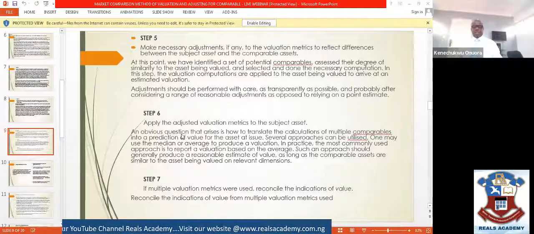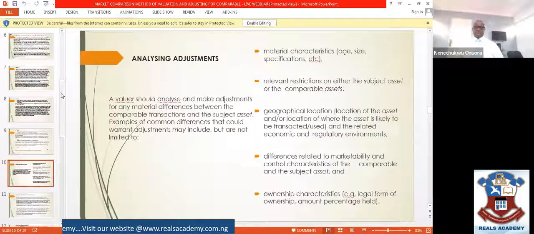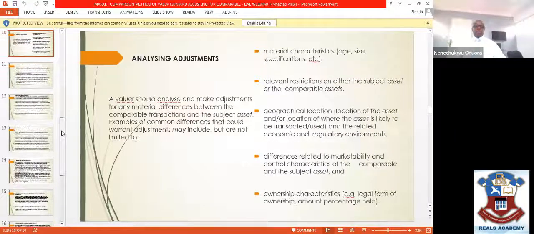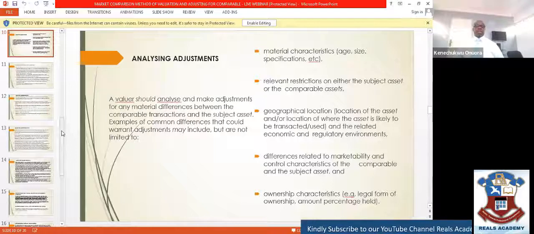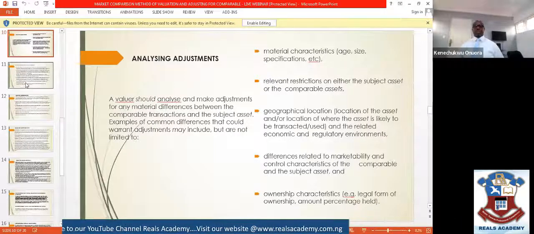Next is analyzing adjustments. The valuer will need to analyze and make adjustments for this method of valuation. There could be differences, and you need to make proper adjustments for these differences.